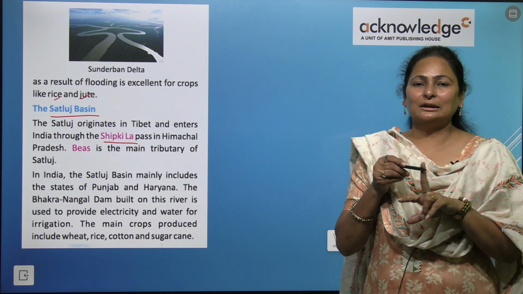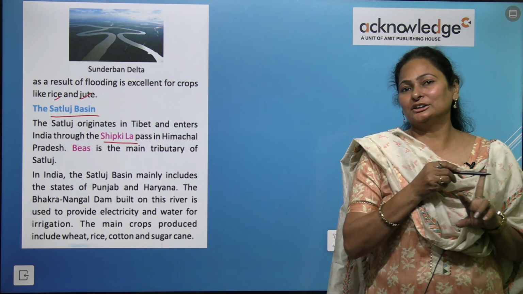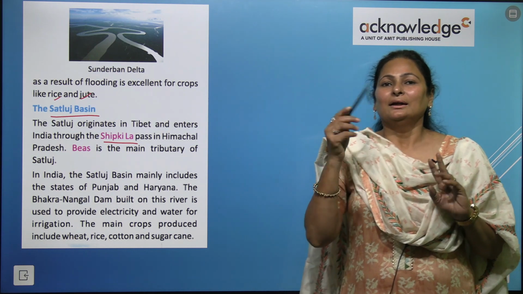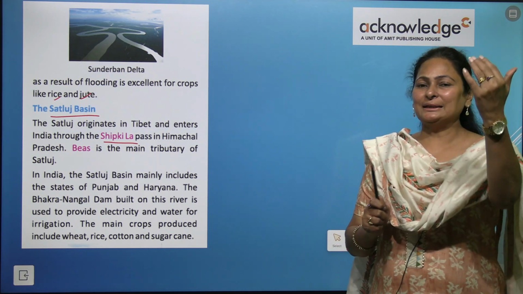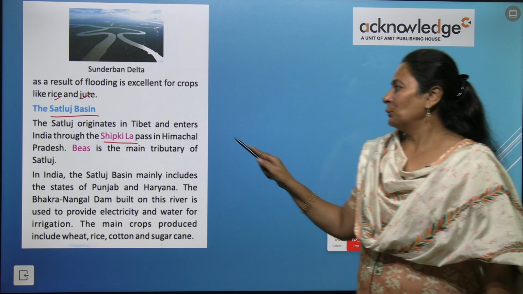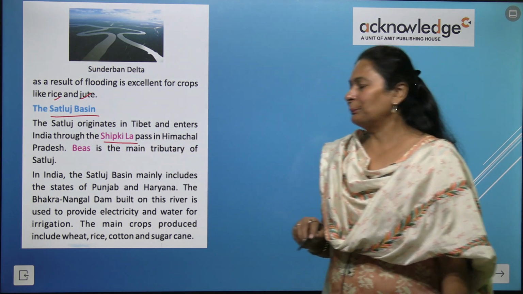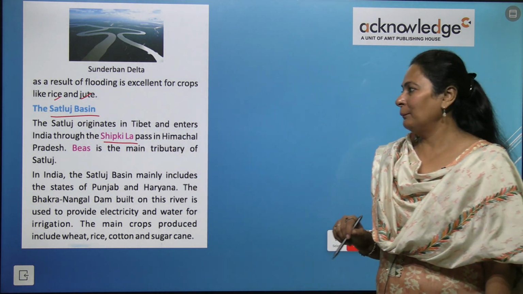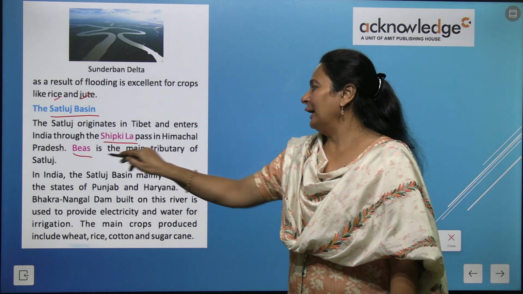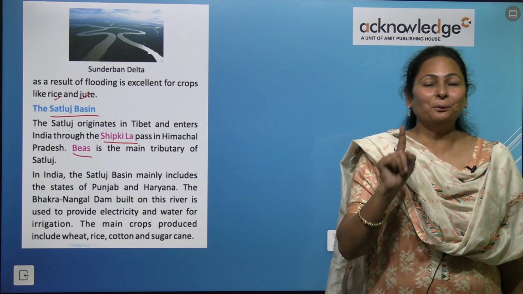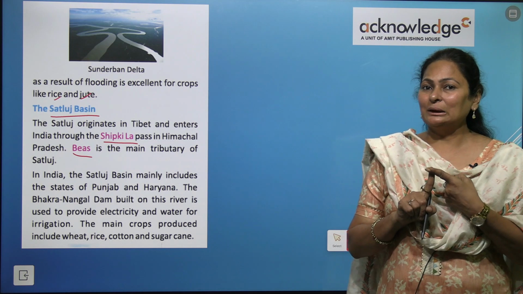Whereas the Satluj and Brahmaputra originate in Tibet. The Satluj basin is in the west, so it enters through Shipkila Pass in Himachal Pradesh. Beas is the main tributary of Satluj.